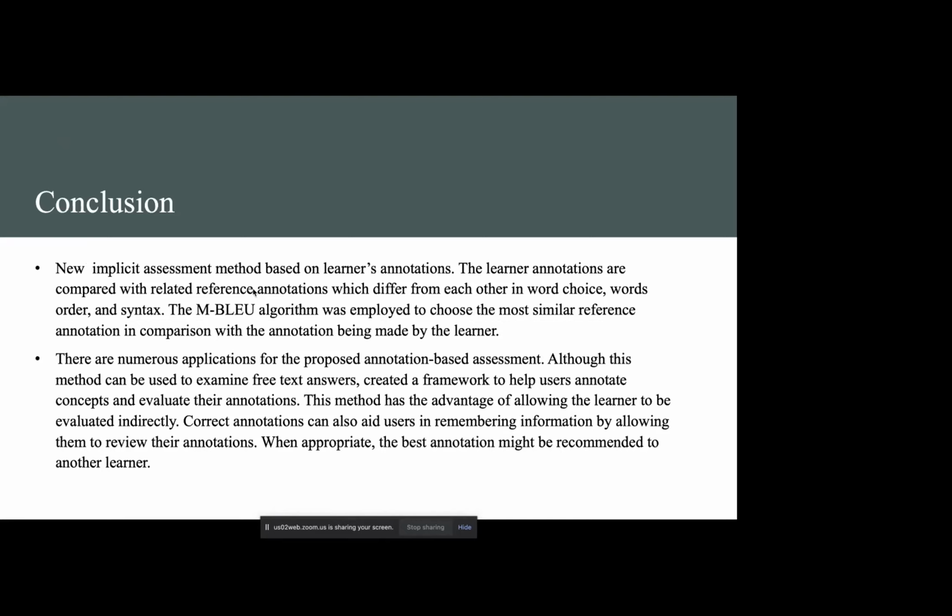And for each learning concept, there are several reference annotations which are designed by human experts. And these reference annotations have different forms from each other, with different word choices, word orders, and syntaxes. And this algorithm chooses the most similar reference annotations for comparison with the annotation being made by the learner.